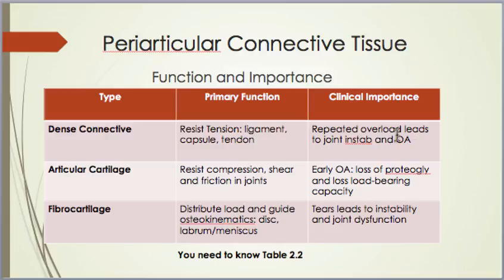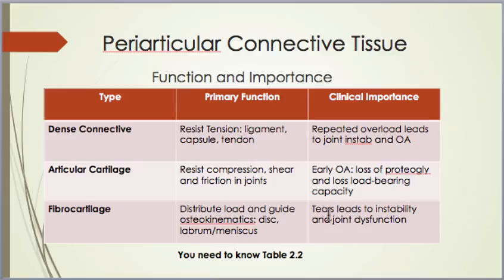This is a theme we've talked about several times, where when a joint becomes too mobile or relatively hypermobile, it leads to sloppiness in the joint, which eventually leads to osteoarthritis in the joint. Articular cartilage: in early osteoarthritis, we have a loss of the proteoglycan complexes and therefore a loss of the load-bearing capacity of that tissue.